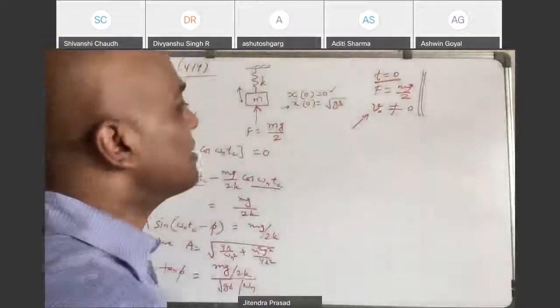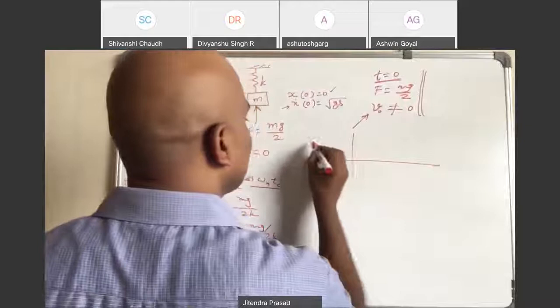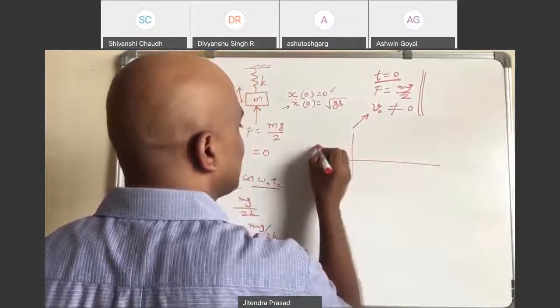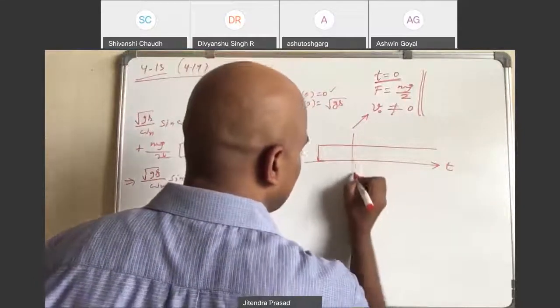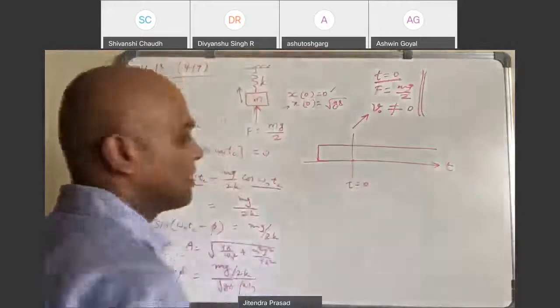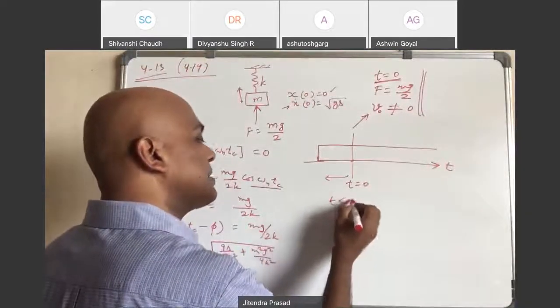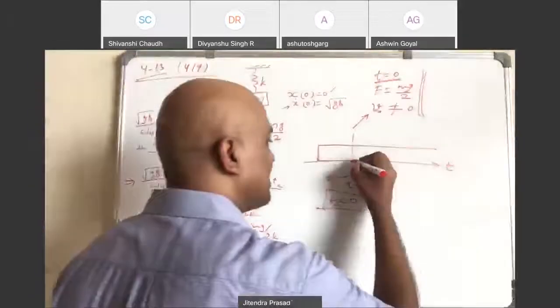So a step input for sure, even if this is existing from here, the real event may be starting from here, but your time starts at t equal to 0 here. For t less than 0, you are not giving any respect. Your time starts from here only.